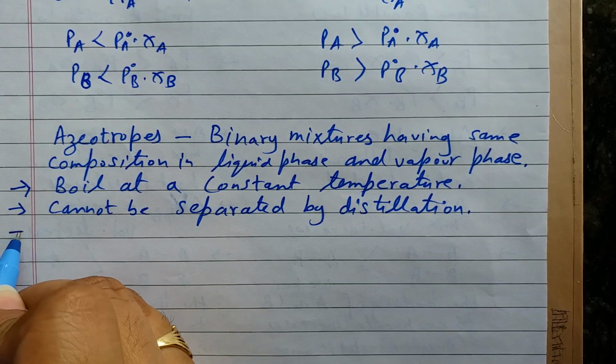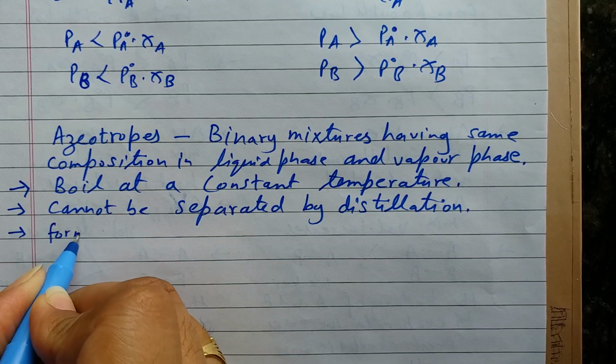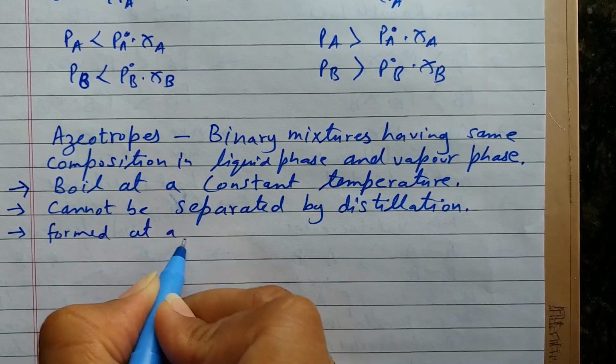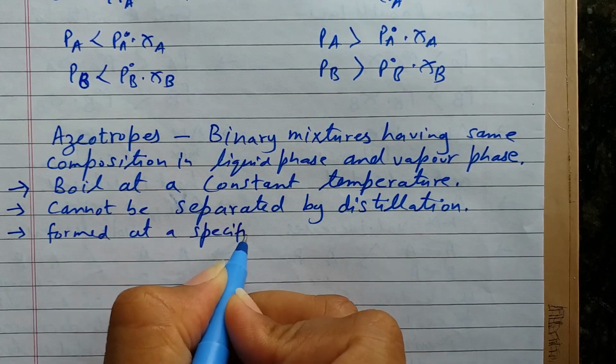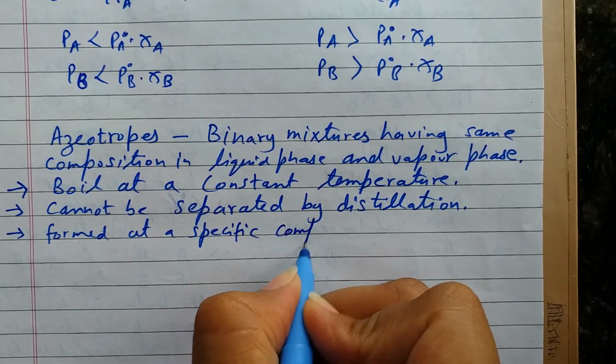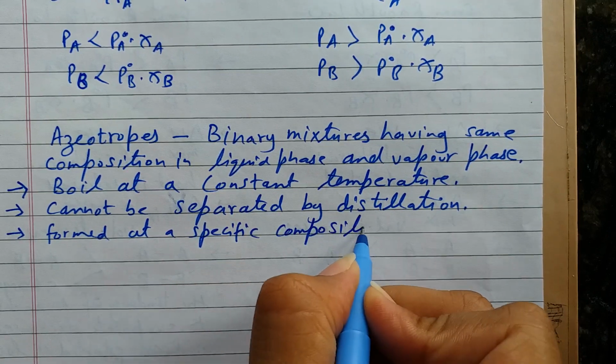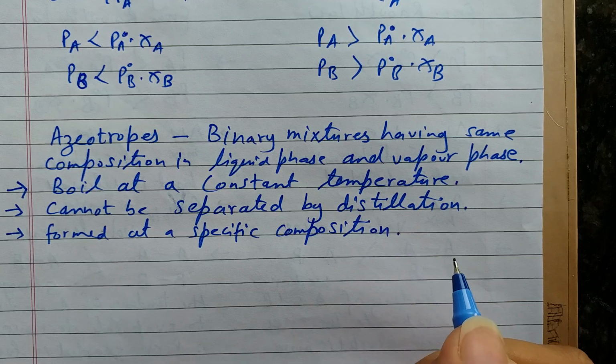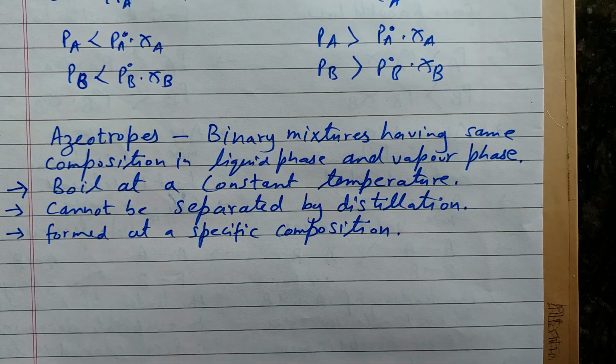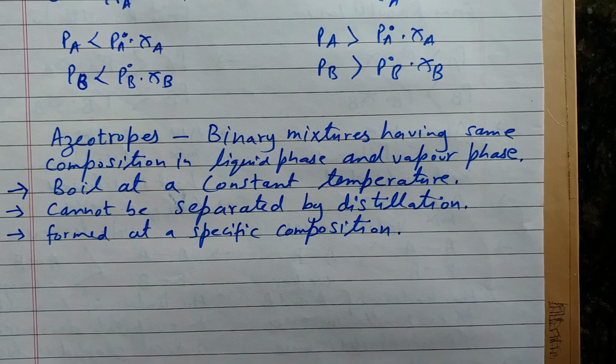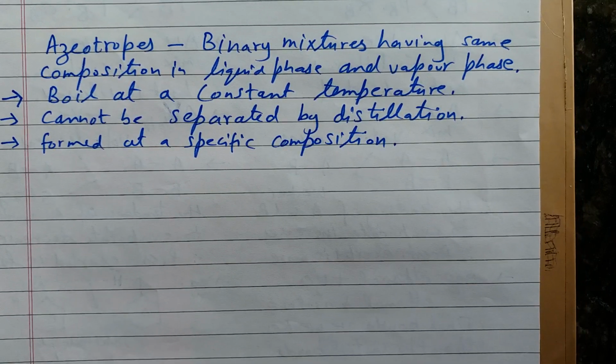Also, these azeotropic mixtures are formed at a specific composition only. It's not that you can mix two things in any ratio, any proportion, and they will form azeotropic mixtures. No, at a particular composition only these are formed.